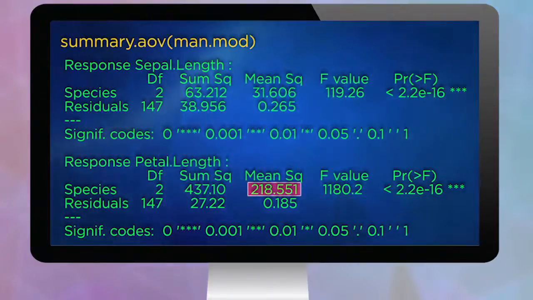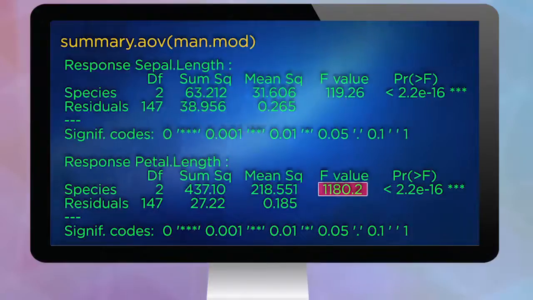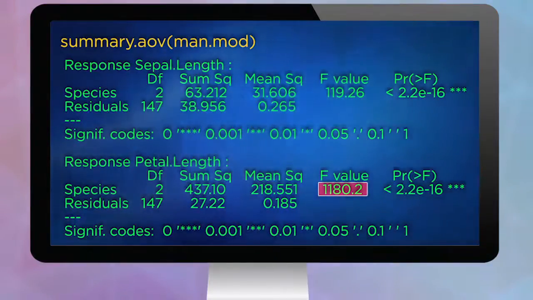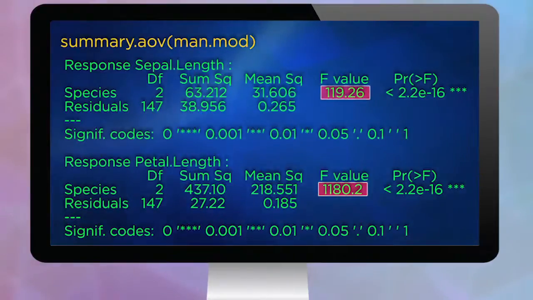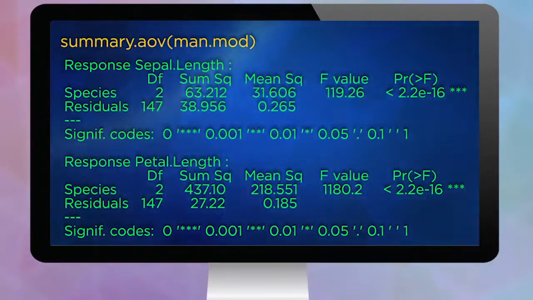Notice the mean square and look at that F value, 1,180.2. I mean, that's way out in the rejection region. Compared to the F value for sepal length, which was only 119. Now, both of those are significant, but petal length is giving you more information about species, hence the very large F value that you see.